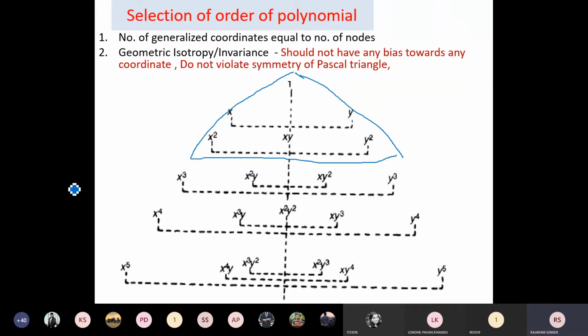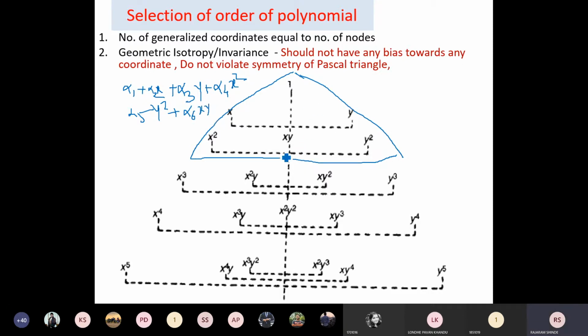Now your polynomial for quadratic two-dimensional element is alpha 1 plus alpha 2 x plus alpha 3 y plus alpha 4 x square, plus alpha 5 y square plus alpha 6 xy. This is the polynomial for quadratic two-dimensional element.